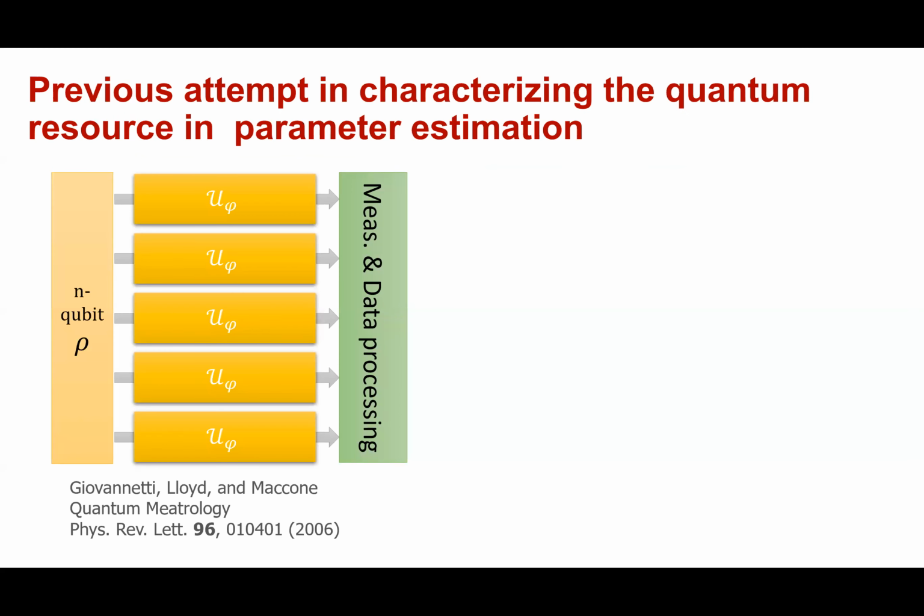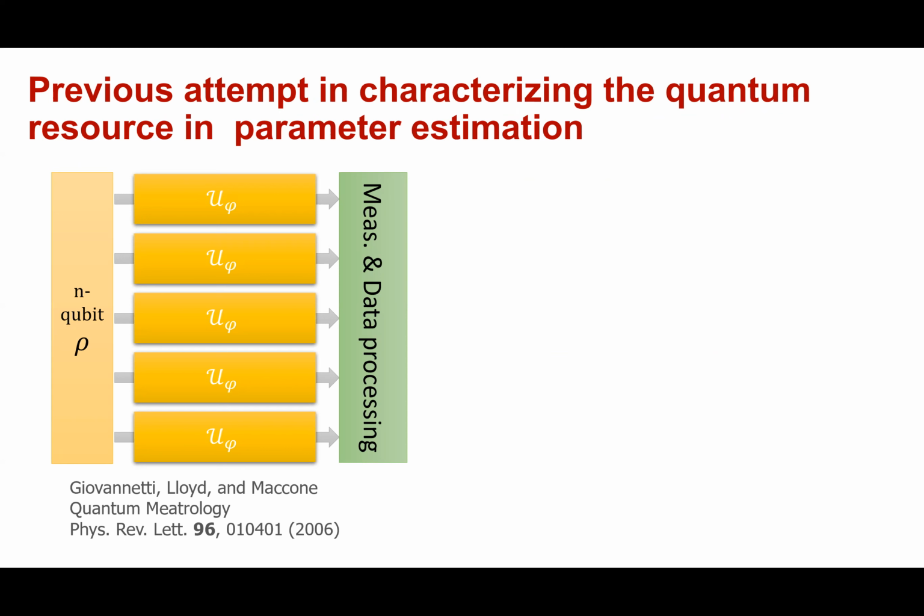On the other hand, in quantum metrology, people are thinking about what is the quantum resource underlying this process, ever since this seminal paper. Here, one example is that one considers an n-qubit state rho, with each qubit transmitted through a phase gate, and one wants to estimate the value of the phase phi.